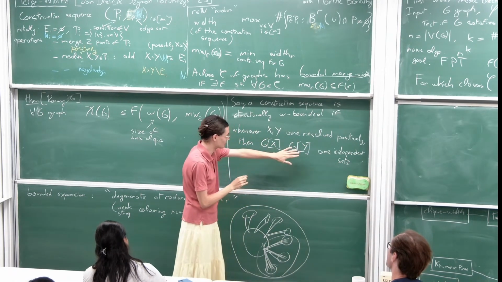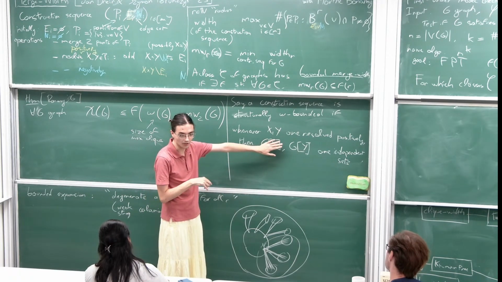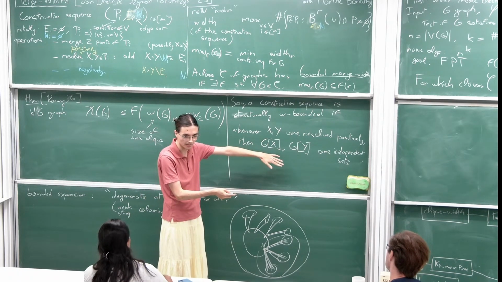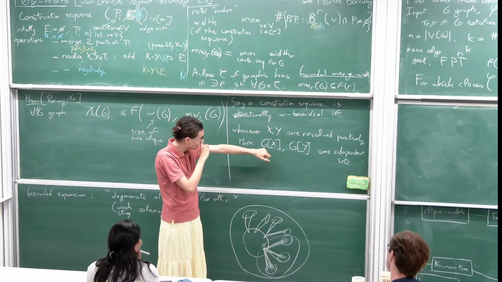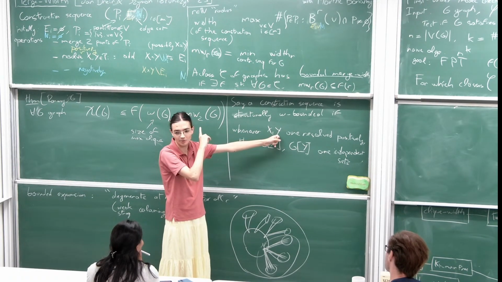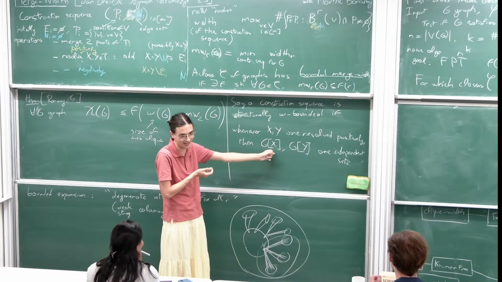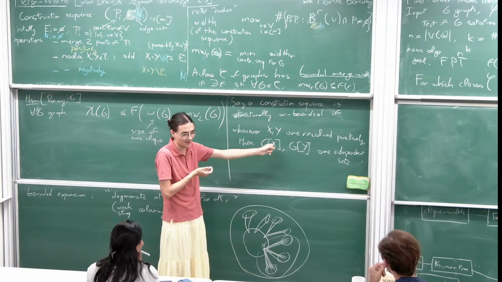No edge inside X or inside Y. And this is not in the current graph, this is in the final graph, the one you are actually constructing. So in particular, you cannot resolve a part positively with itself, because if you do, then it's not an independent set. So this is not allowed.